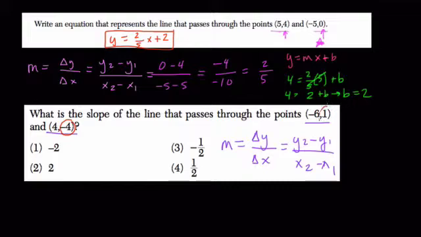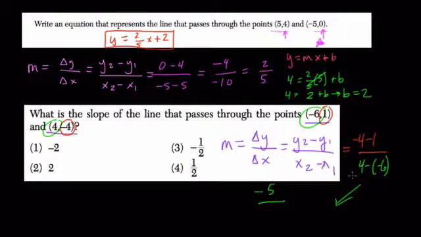So negative 4 minus 1 goes on our numerator, over 4 minus negative 6. And what do we get? Well, negative 4 minus 1, that's negative 5. 4 minus negative 6 is 10, right? Because we add that 6. And we get negative 1/2, or choice 3.